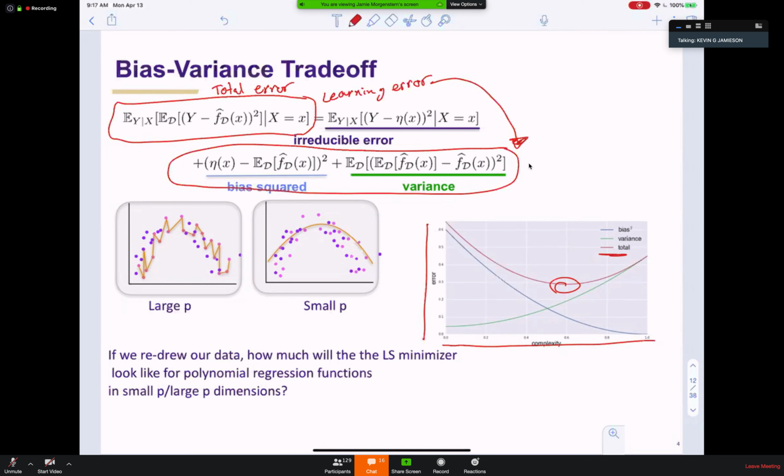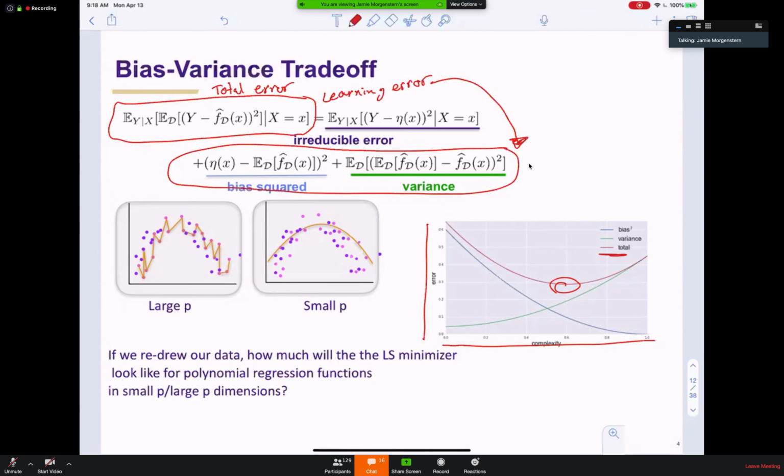But by having extra flexibility, by adding in the 8th, 9th, and 10th degree terms, I'm incurring extra variability. I might fit noise with that extra variability, and that might incur extra variance. That's right. And one thing that this image maybe doesn't give you is that as our complexity approaches the complexity of the underlying data generating process, this decrease in bias would level off. Okay. Great. Does that help?